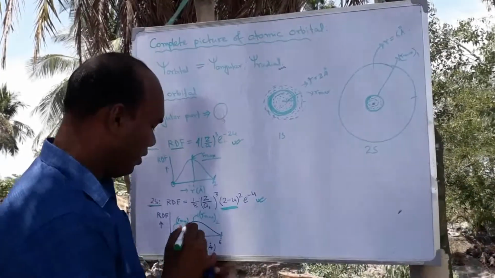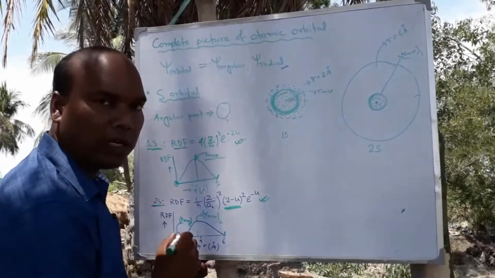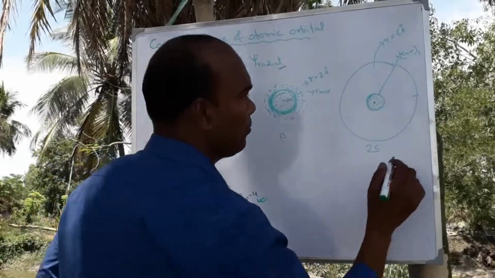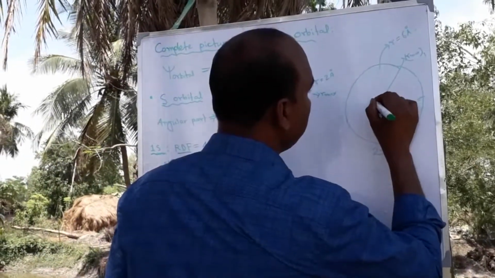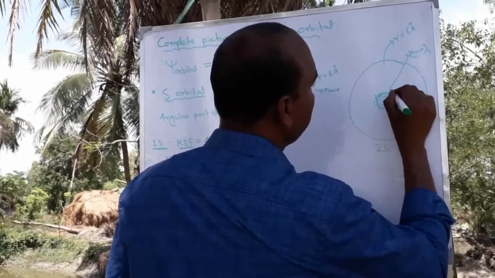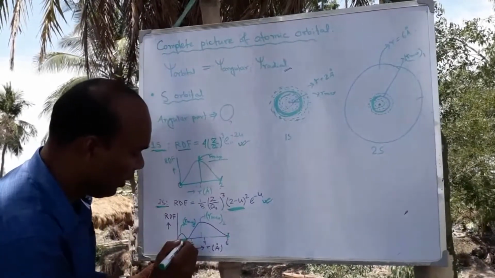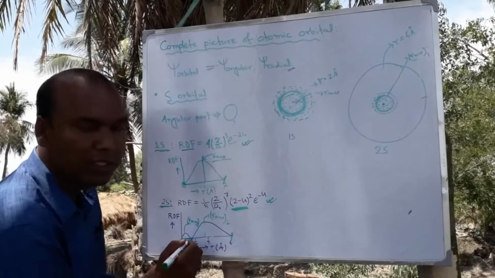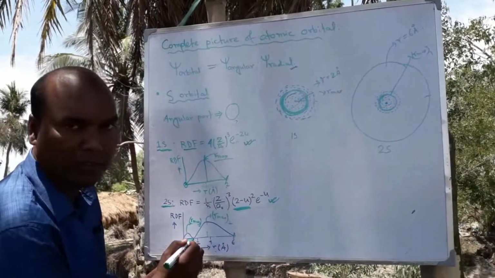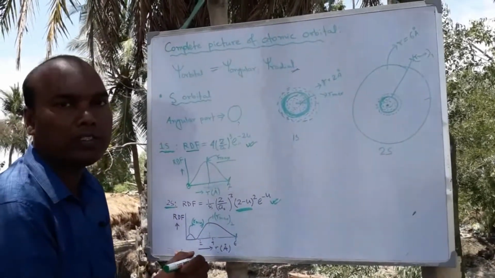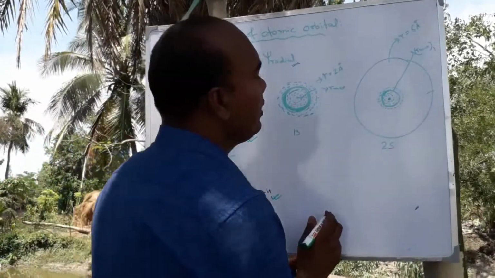Now again if you increase the distance, the electron cloud density will decrease. Finally you get that point. What is this? This is your nodal point. Here the electron cloud density is 0.